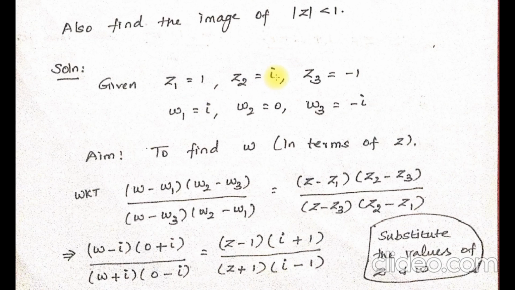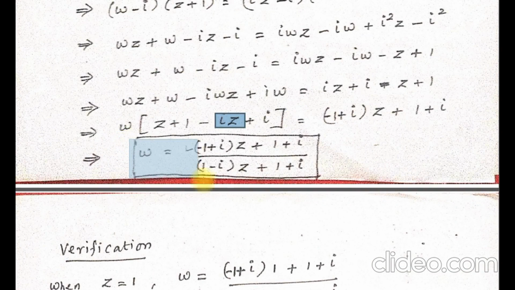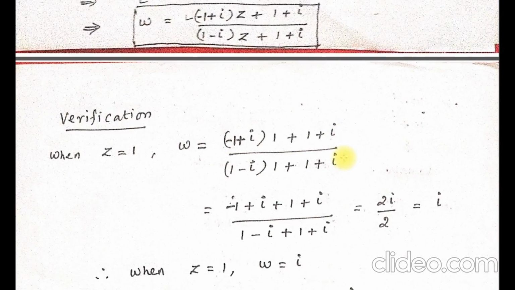For the input z equal to i, the output is 0. For the input z equal to -1, the output is -i. For these only we have found the bilinear transformation. So now I know the transformation and I know the inputs and their respective outputs. The only thing is we are going to verify one by one.